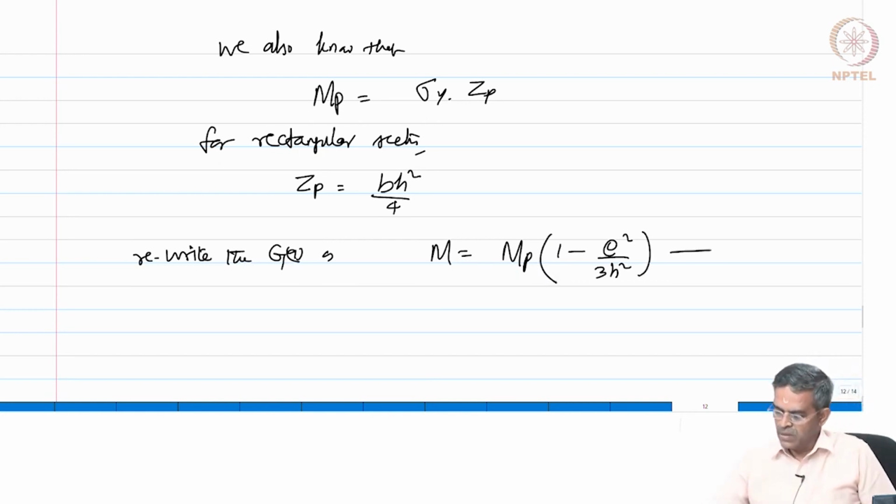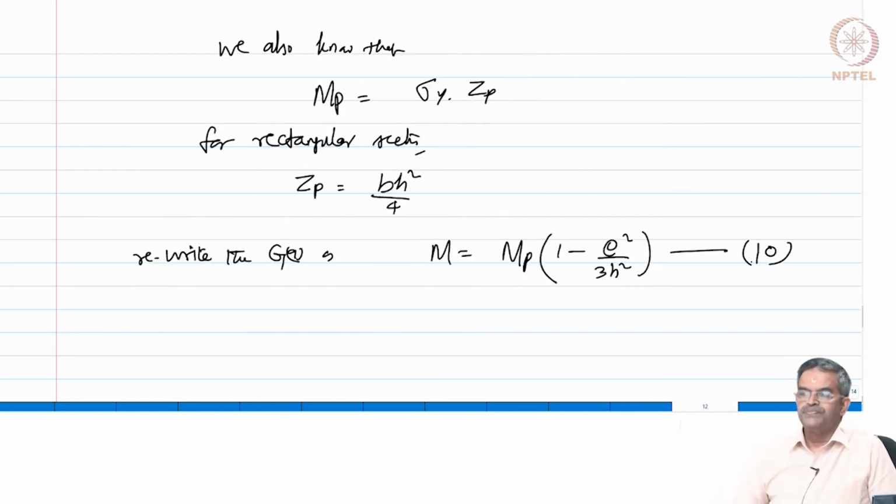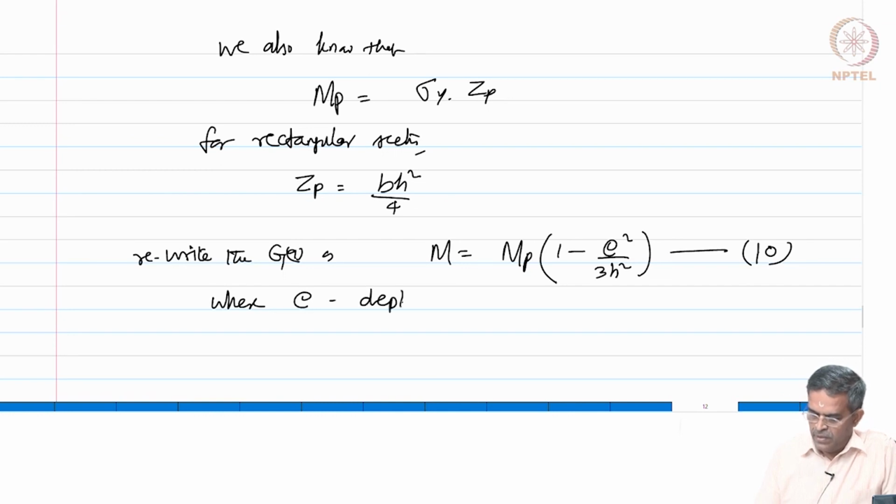Okay. That is equation number 10. Where E is the depth of elastic core in the section.